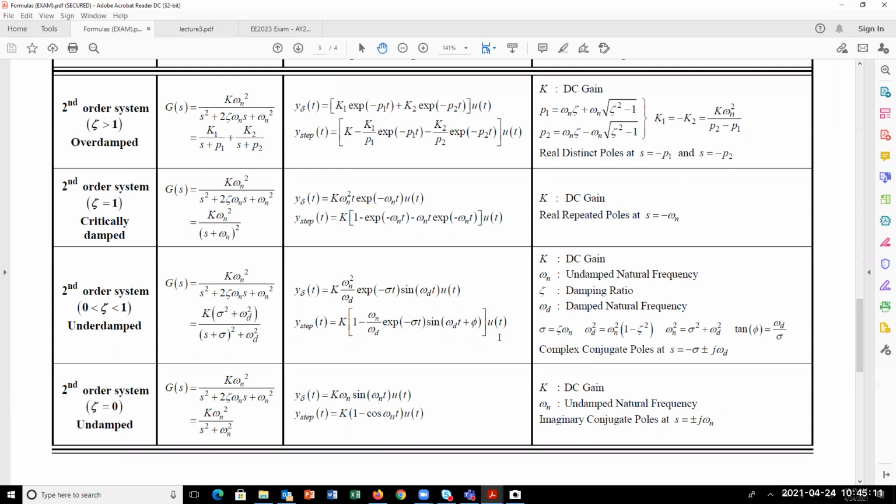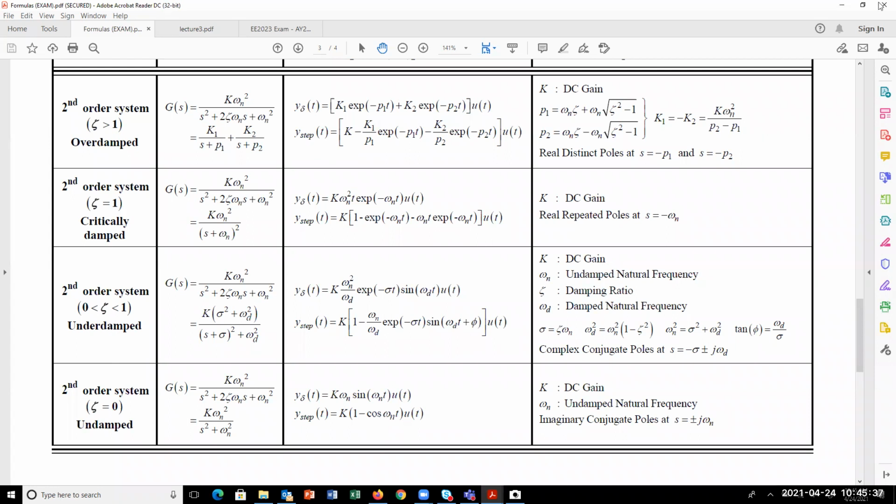I did it at least 2 or 3 times, and it's also in the revision in lesson 25. When you want to derive what K, omega n, omega d, sigma and phi are, it is all from that graph, from this equation. So these are all the relationships.